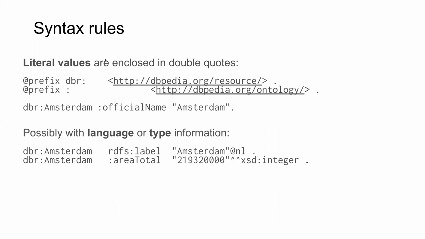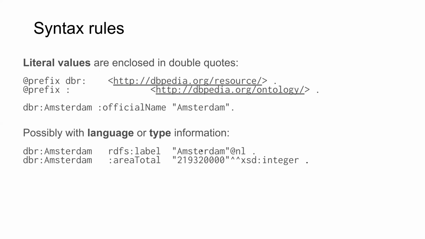Remember to enclose literal values in double quotes. So Amsterdam has an official name, which is Amsterdam. When you express a literal value, you can always specify the language or the type of information you are giving. This is the same as typing in programming languages.